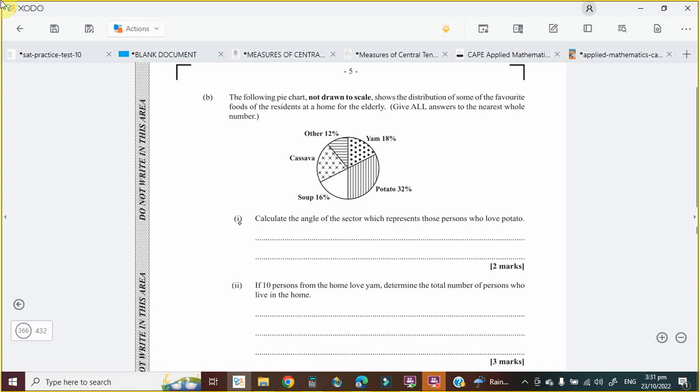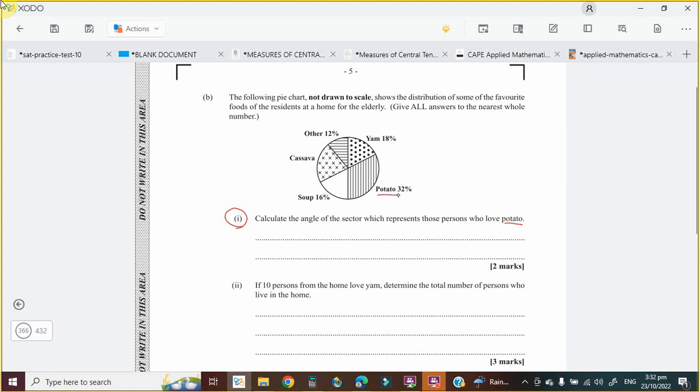All right, so let's do part I. So, Tristan, you ready? Hold on to part I, Tristan. Tristan here? Tristan, hold on, find the sector angle that represents persons who love potato. No, it's not circle theorem.